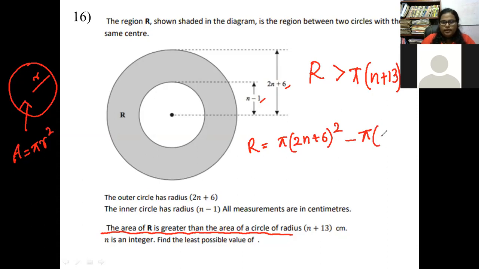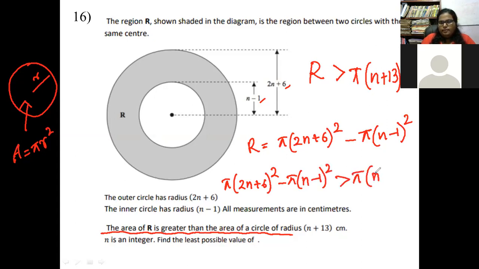So it is pi into (n minus 1) square. So by using these two values, you have to simplify this inequality: pi (2n plus 6) square minus pi (n minus 1) square greater than pi (n plus 13) square. So this is the inequality you have to solve.